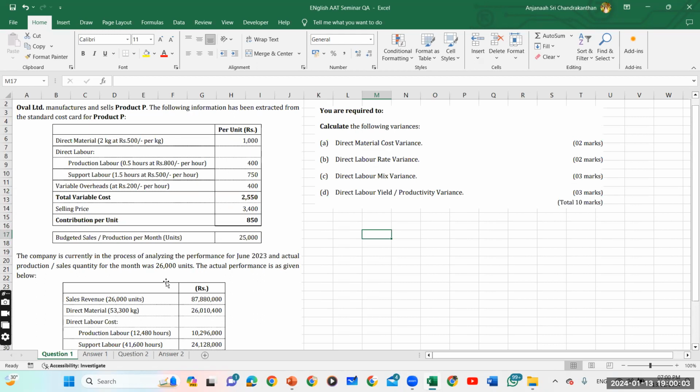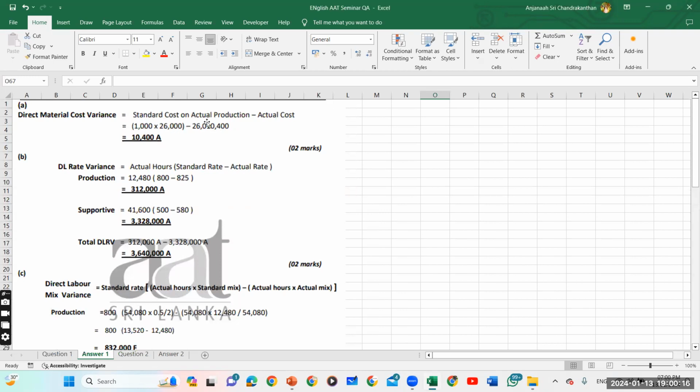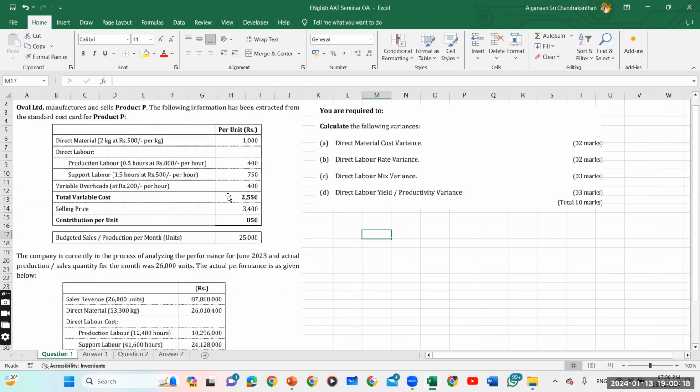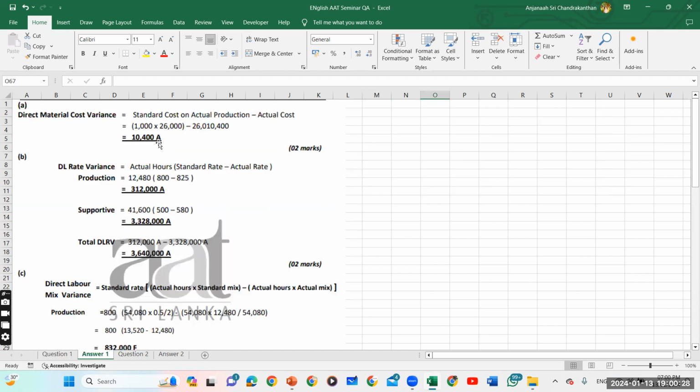Remember, not standard into standard: the standard per-unit material usage cost multiplied by the actual production, 1,000 into 26,000. And your actual material cost, they say it is how much? 26 million, 10,400. So then you take the difference, there is an adverse difference.